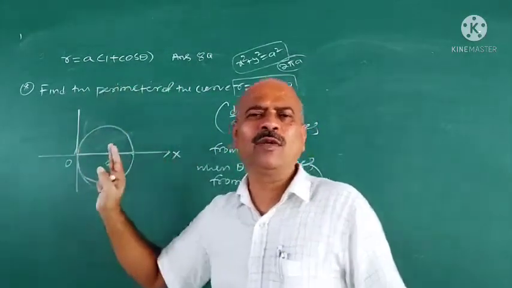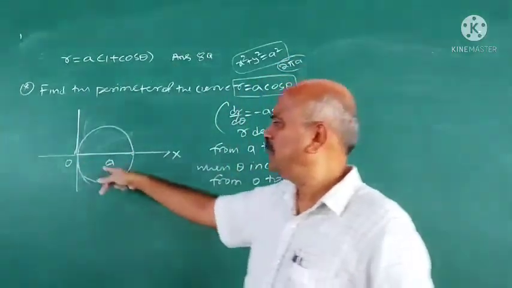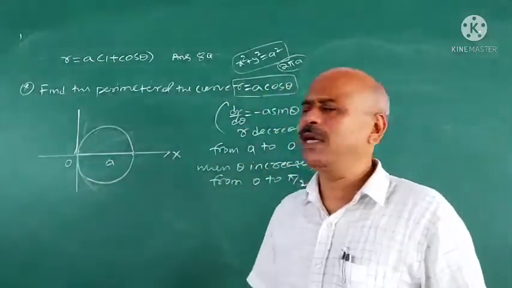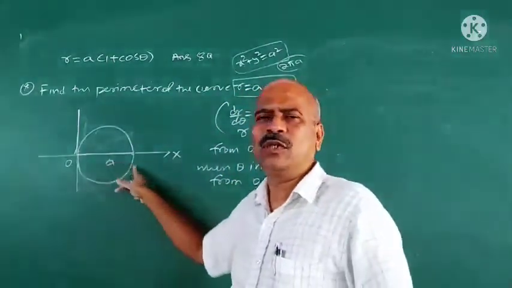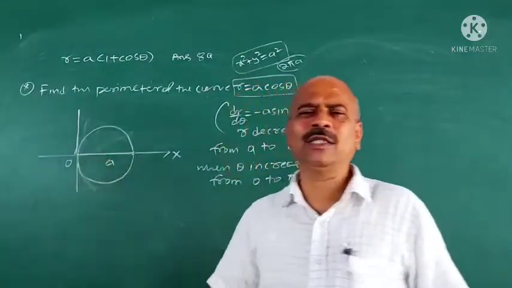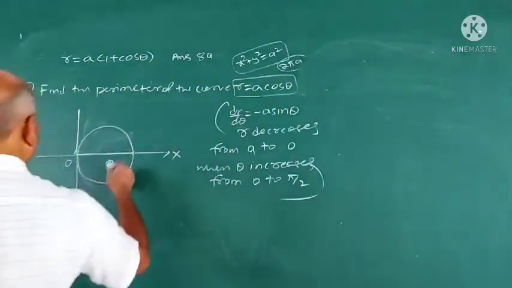But if it is a descriptive type question, then you have to solve this. First I have explained the shape of the circle here. The center lies on the positive x-axis, which is taken as initial line, and the radius is a by 2.